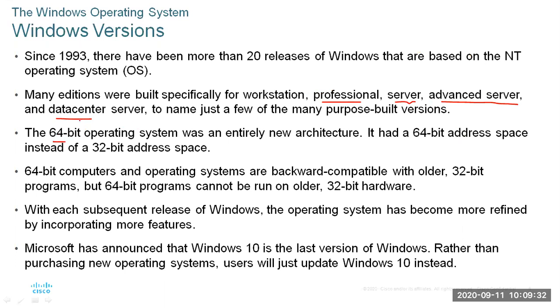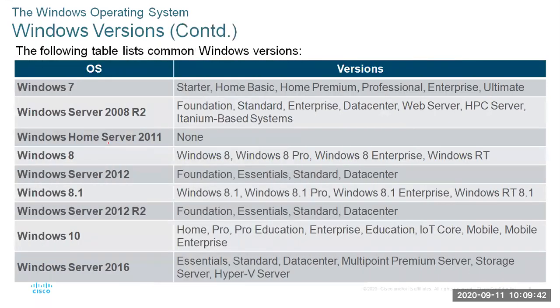And then they produced 64 bits instead of 32 bits. So Windows started gradually moving from one point to the other. These are some of the versions, like Windows 7. Windows 7 has Windows 7 Starter, Home Basic, Premium, Professional, Enterprise, and Ultimate, all under Windows 7. So it came with all these versions.